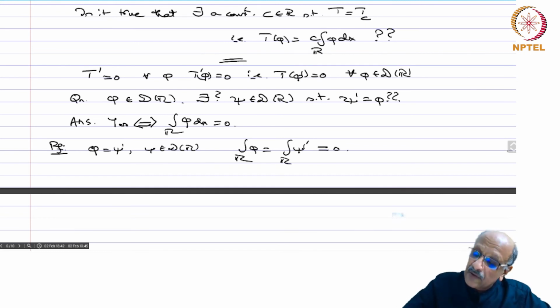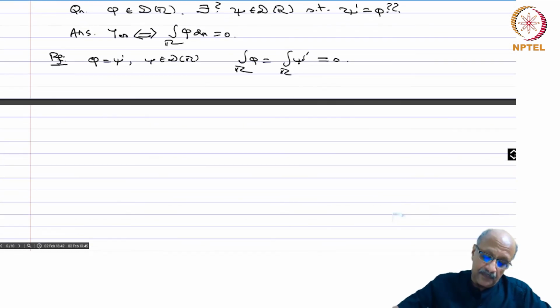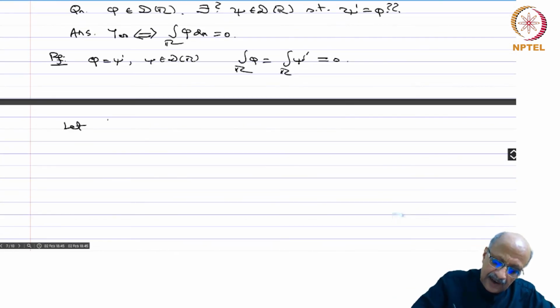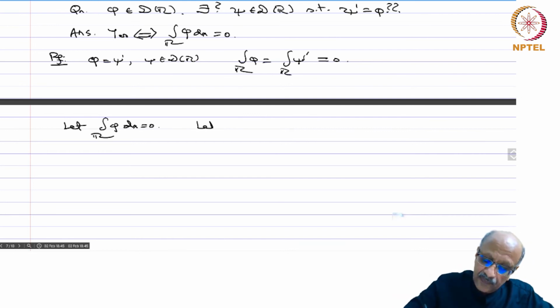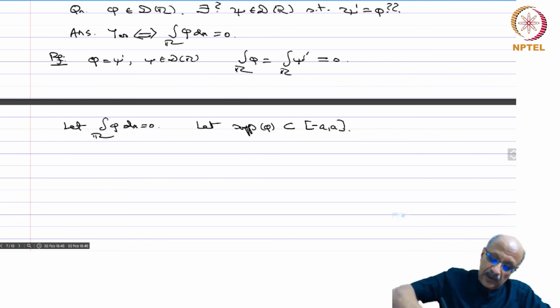Now let us assume the integral of phi over R dx is equal to 0. Let the support of phi be contained in minus a, a.